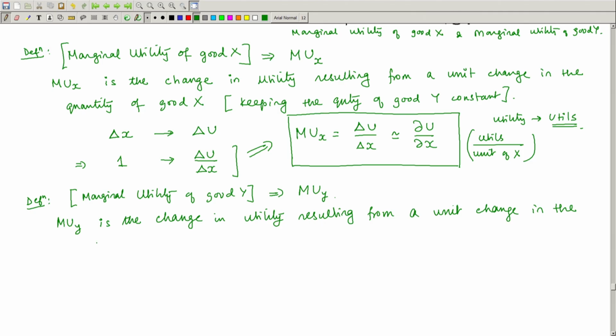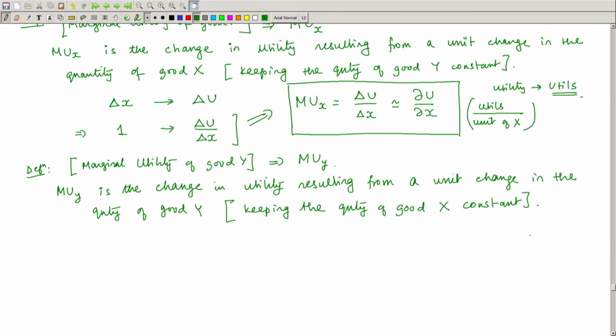So, from a unit change in the quantity of good y, and while I am doing that, I want to keep the quantity of good x constant, right. So, I am changing the quantity of good y, and when I am doing that, I keep the quantity of good x the same.